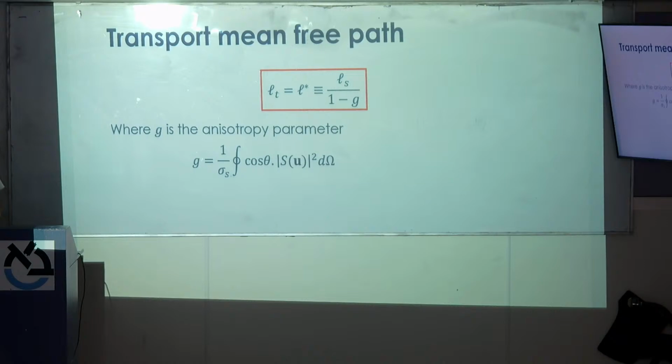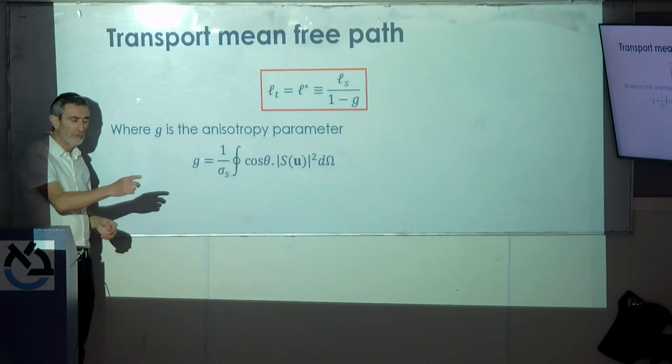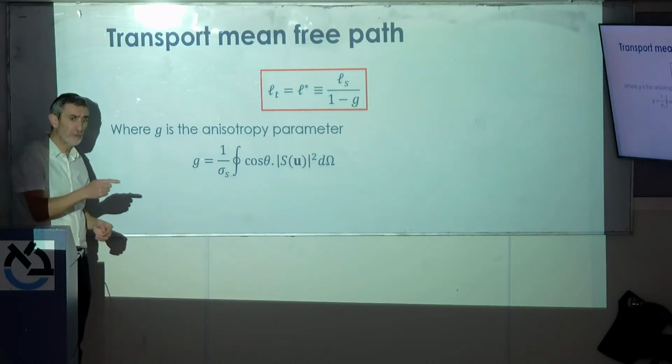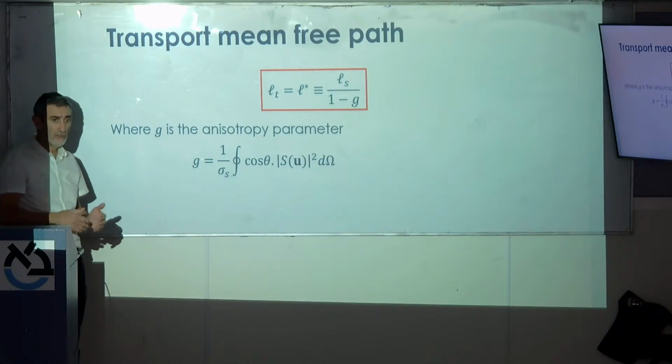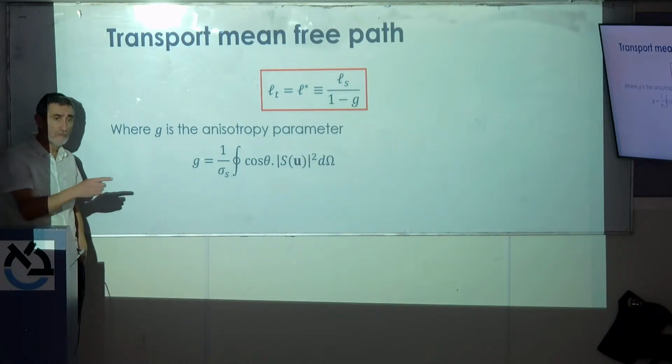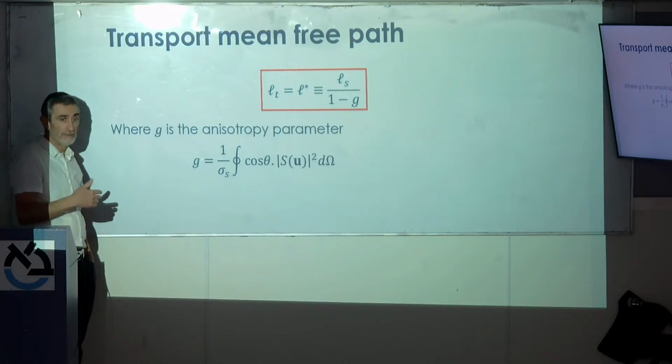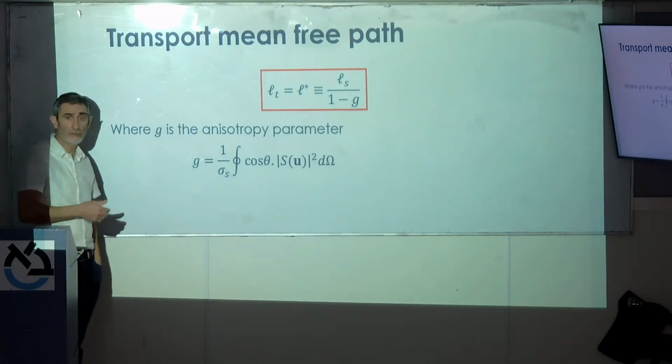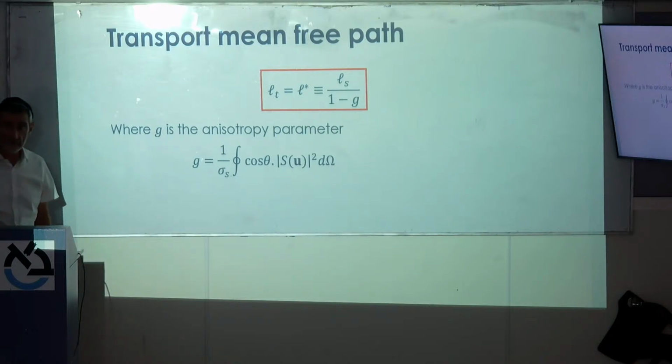If I go through many scatterers, it will take a lot of time before I lose the direction of the incident wave. It is not lost before many scattering events, because the scatterers keep on scattering in the forward direction. So we don't lose the origin of the source.